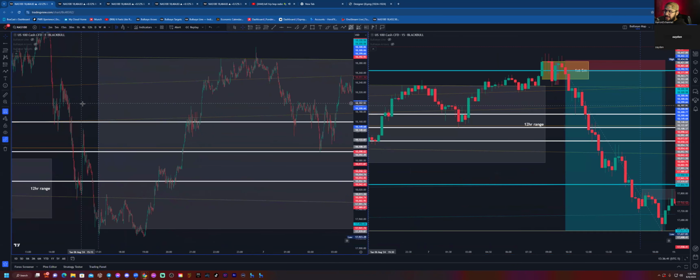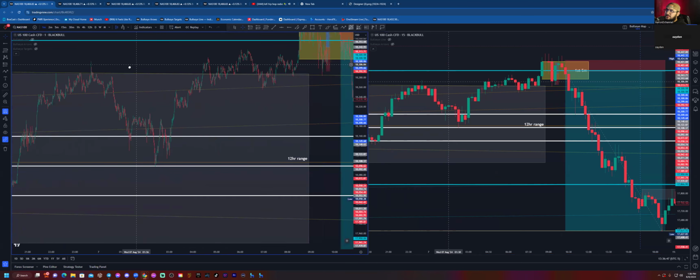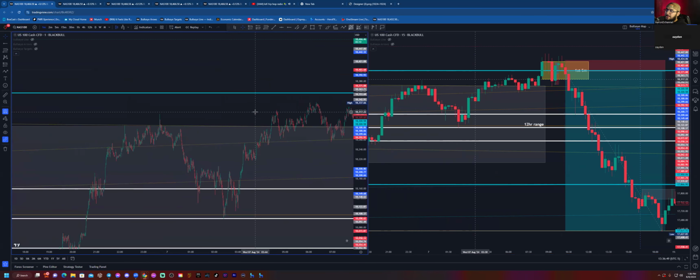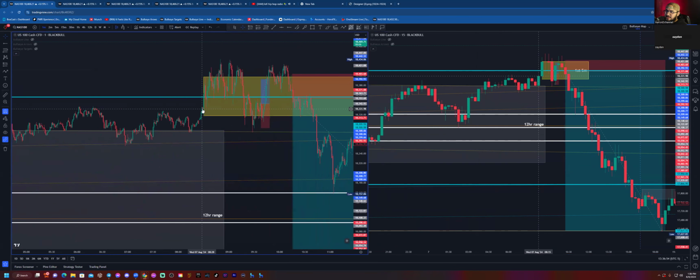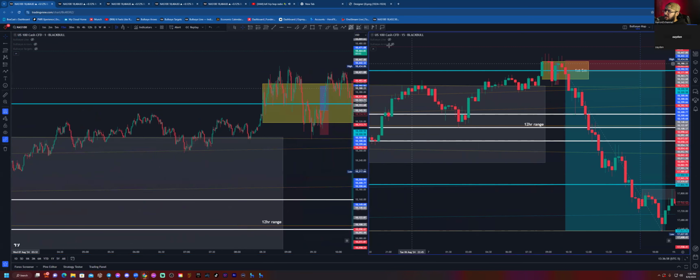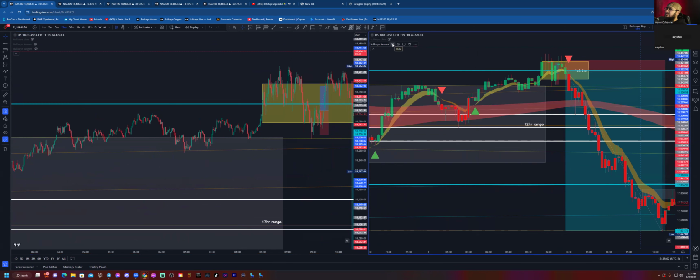Then overnight, it comes and gives us a lot of bullish momentum. Okay. So it comes back to previous day high here. Okay, so 8:30, what does our 15-minute cloud say? Red.